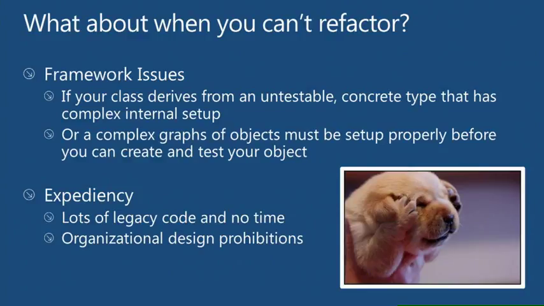The expediency issue may come to bear. The deadline is coming. The boss is pissed. We've got to deliver. And finally, and I have seen this one, I have seen teams who do not believe in using interfaces. We don't do that. So they have an interesting challenge. The substitutability problem is very, very in their face.